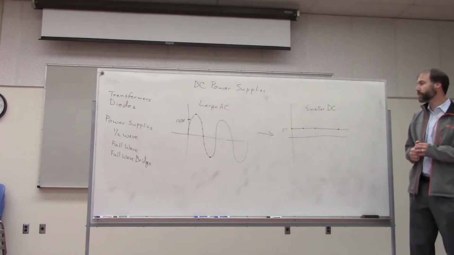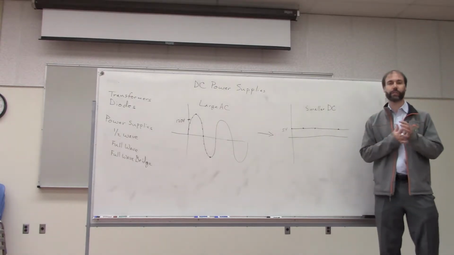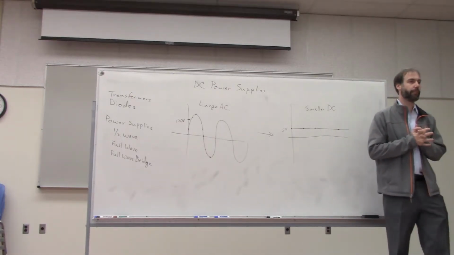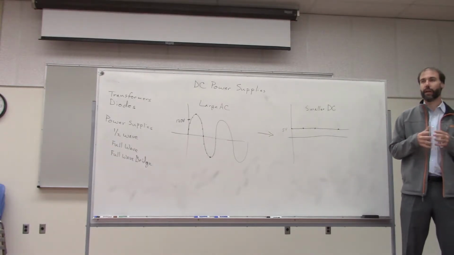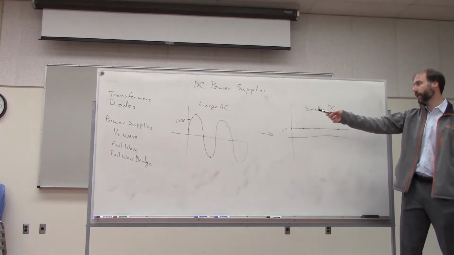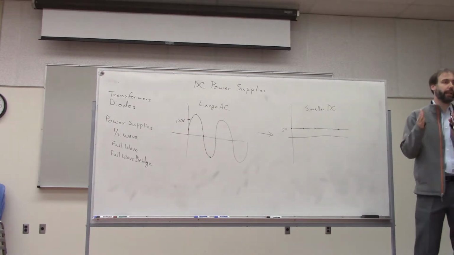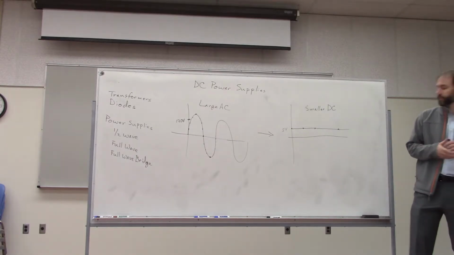So let's talk about how the power supply actually does this. All power supplies include some common components, and they all take sort of the same approach to going from AC to DC. They basically sneak up on it. They get there by little steps. Okay?